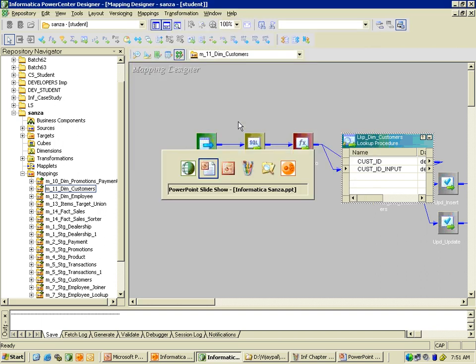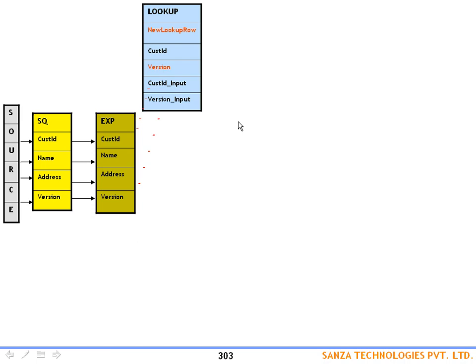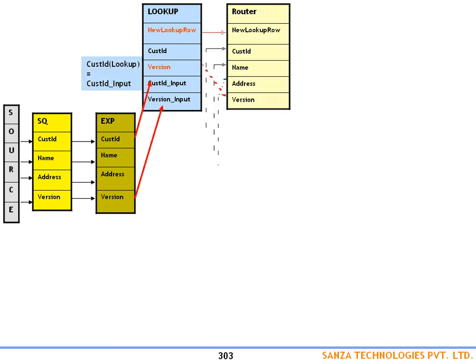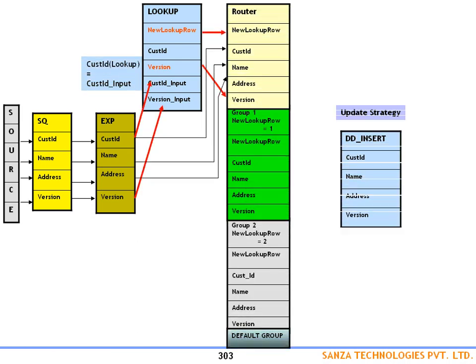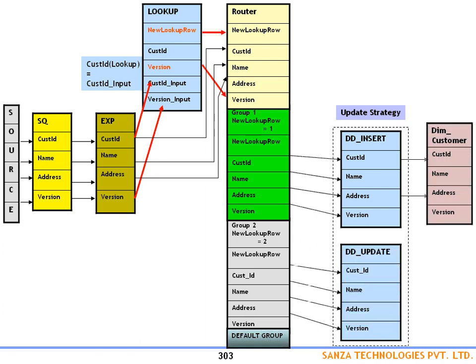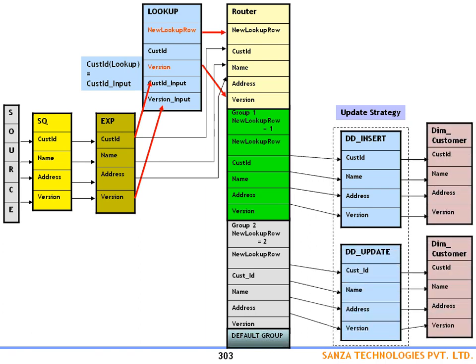So now I am discussing the functionality of Informatica in the dynamic lookup cache. It will create a new lookup row.